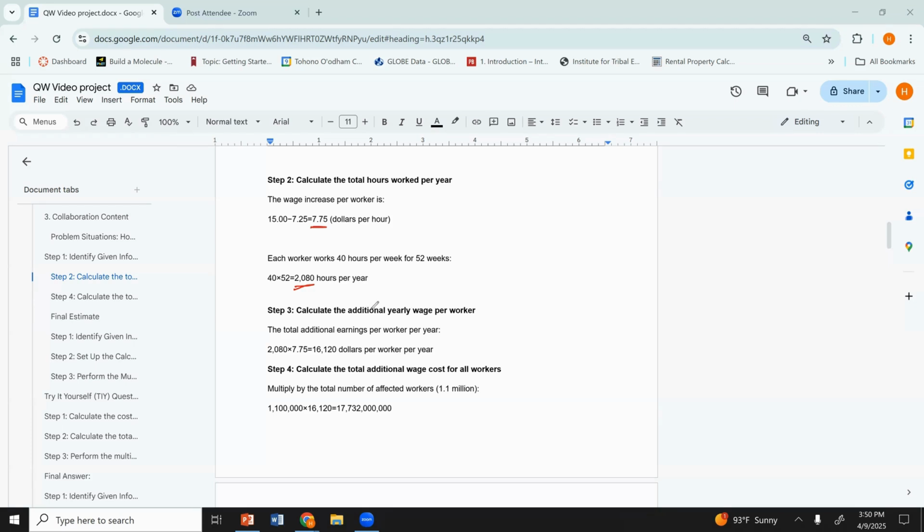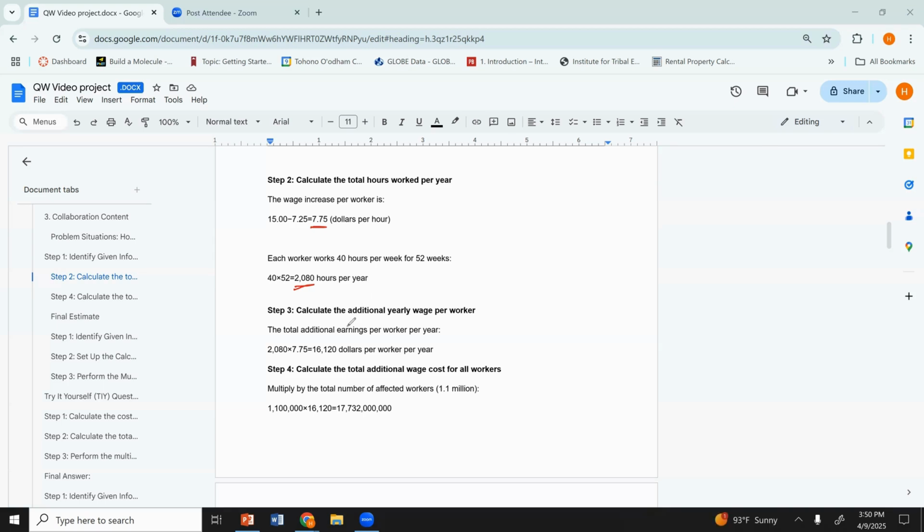So the next thing we need to do is calculate the additional wage, the 7.75 that we need to pay per person. So for one person, what should we pay them if we add 7.75 more to their minimum wage?